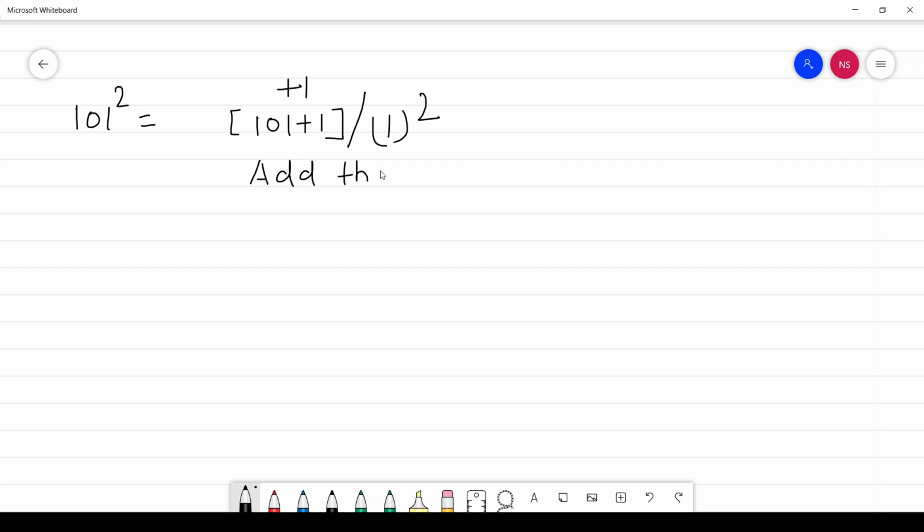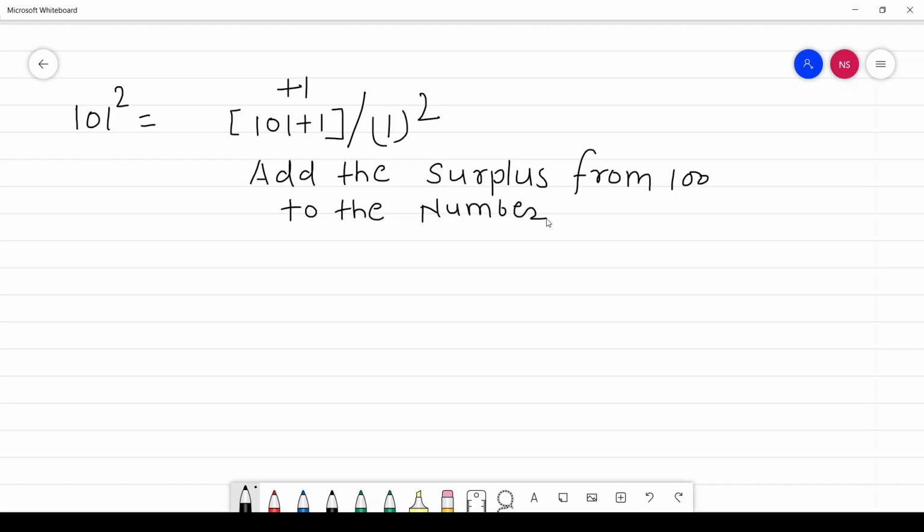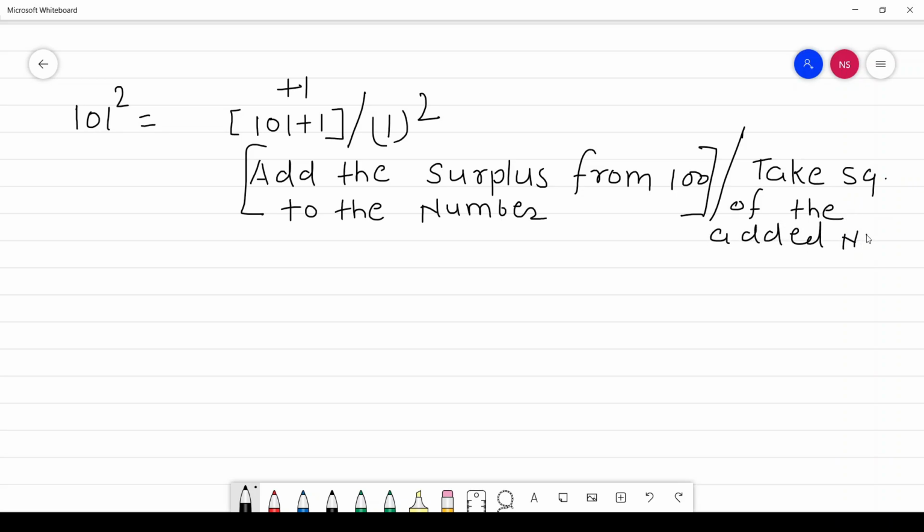Add the surplus from 100 to the number, that will be the left part of the square, and take the square of the added number, that will be the right part. It will be more clear with this example.